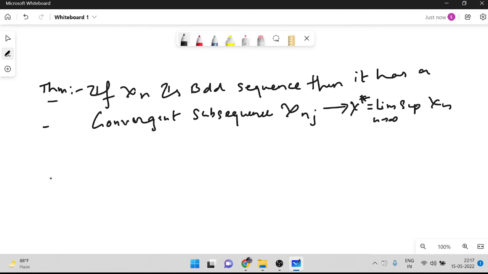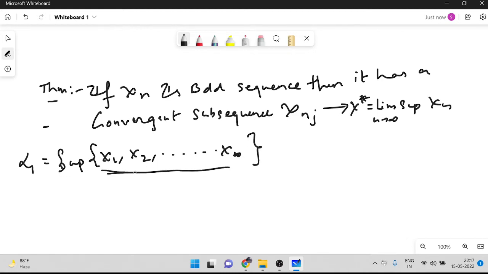So by the definition, alpha 1 is equal to the supremum of x1, x2, and so on to xn. So the maximum value of this particular bounded sequence is attained at some particular xn. So let that be x tilde 1.